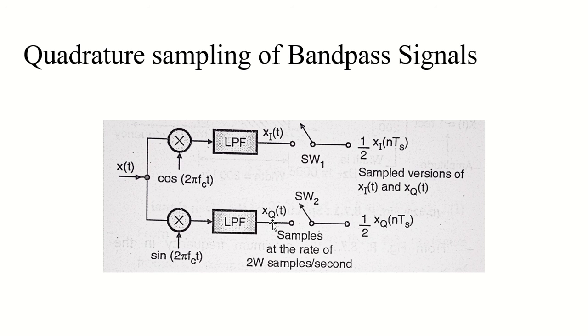Now if xi of t is the in phase component and xq of t is the quadrature component, then we can also express the bandpass signal in terms of xi of t and xq of t. How do we write it? It's pretty simple from this figure. It would simply be the subtraction of both of these signals, which is xi of t cos 2 pi fct minus xq of t sin 2 pi fct.